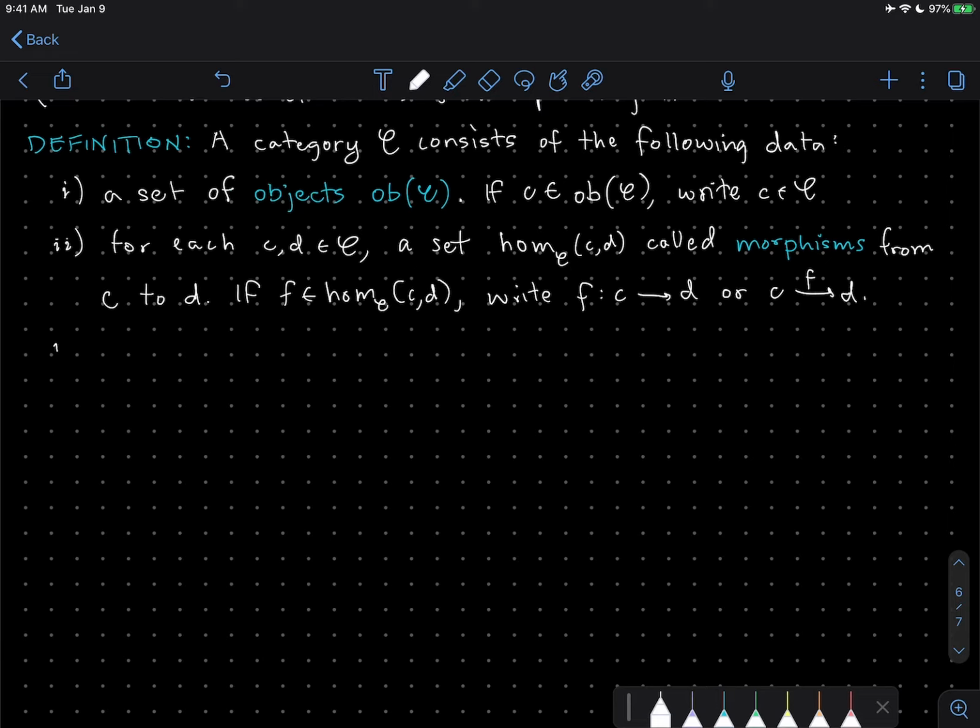Okay, and the final collection of data are, for any objects C, D, and E in C, a function called composition.